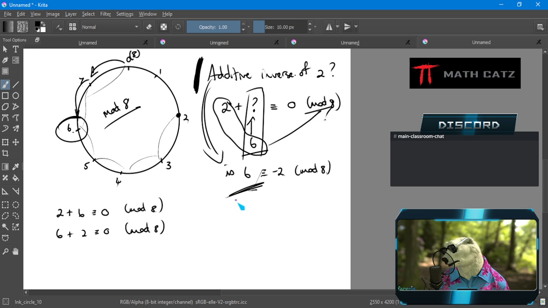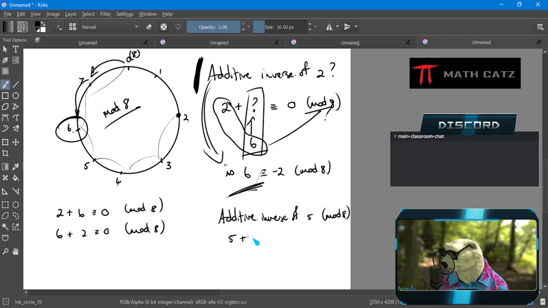So if, for example, I stick to mod 8 and I say the additive inverse of 5 mod 8. Let's write it down. Additive inverse of 5 mod 8.